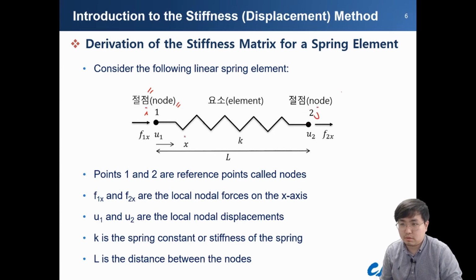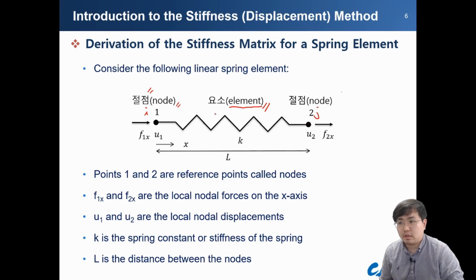So depending on the situation, you can choose any index freely. And then this spring shape, we are going to say that this is one element. So in the single spring element, we have two nodes.